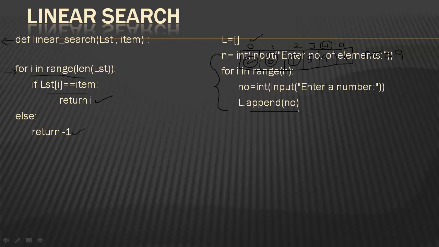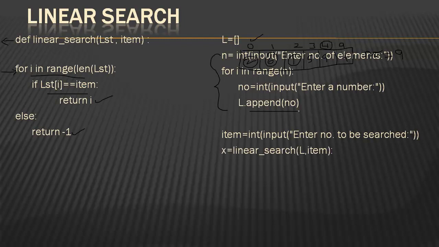After you have added it to the list, next you ask which is the number that you want to search. So I got the number that I want to search. After that, what will I do? I will call the linear search function, sending the list and the item to be searched. It will send me back the location where it found it, or -1, depending upon whether it exists or not.